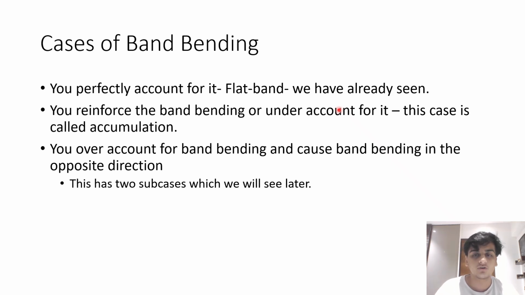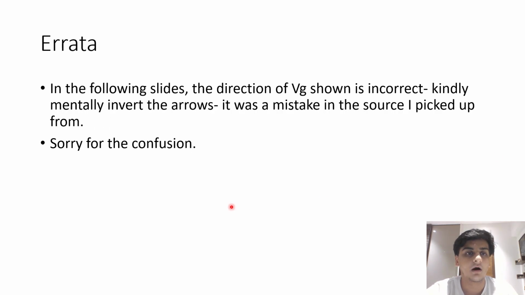So I'll talk about those two cases when I get to them. But essentially, you're just applying so much voltage that it's causing the bands to actually bend in the opposite direction. Cool. So we'll get into these cases one by one now. Before we get into these cases, I just want to mention something so that you don't get confused when you're viewing the slides.